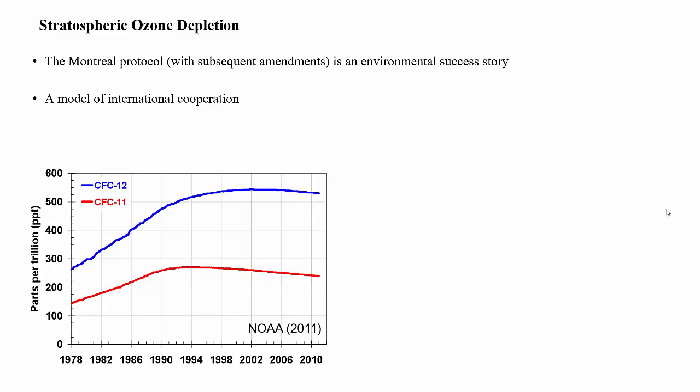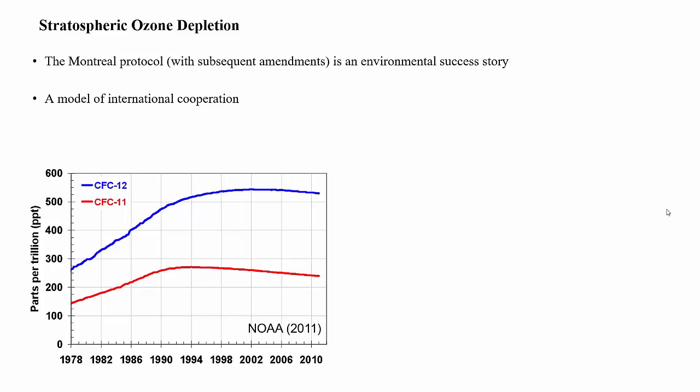This graph shows the concentration of a couple of CFCs in the atmosphere, CFC-12 and CFC-11. As I mentioned, the worldwide production of CFCs ended in 1996, and you can see the concentrations that were rising until the late 1990s have now started to fall.